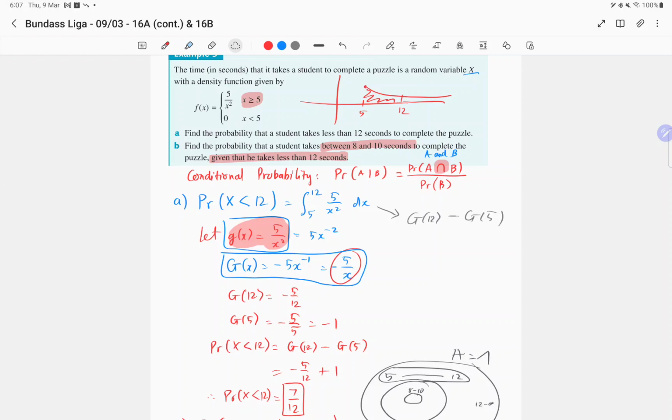Technically you can use the square bracket still, but okay, let's use it again. In order to use the big G, normally you have to define the small g first. So define small g of x, call that function g of x, and then you can write big G.